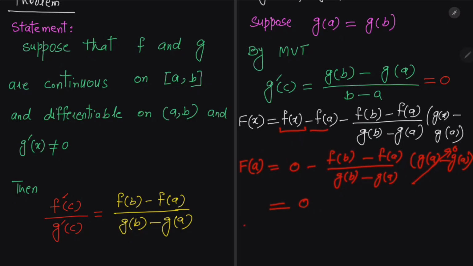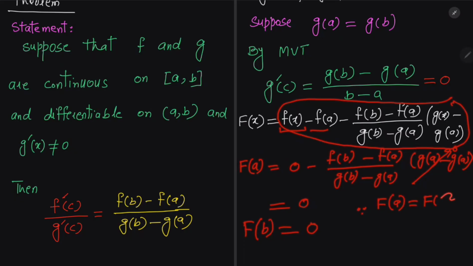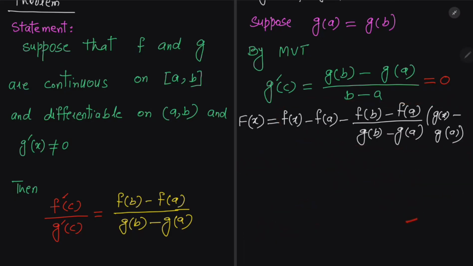We can also see that if I put x is equal to B in the above equation, we also get the value equal to 0. That was the reason that we have introduced such a construction, which will ensure that two values are equal, and these values are equal since these are equal to 0.